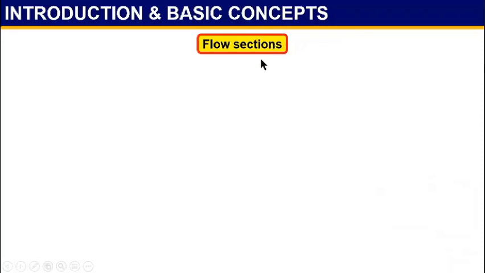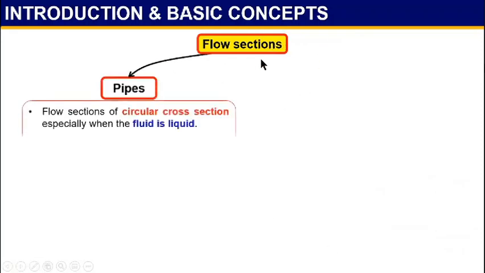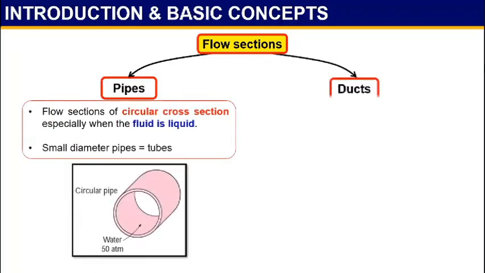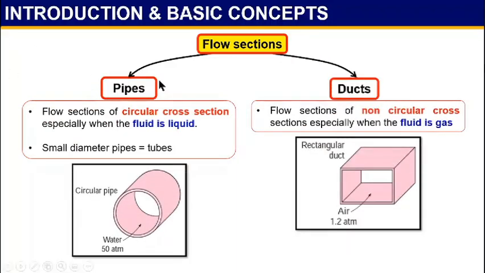Flow sections are actually divided into pipes and also ducts. So what are pipes and what are ducts? Pipes are flow sections of circular cross section, especially when the fluid is liquid. We call it a pipe. However, for small diameter pipes, we call them tubes, as shown in this figure: circular pipe, water at 50 atm.